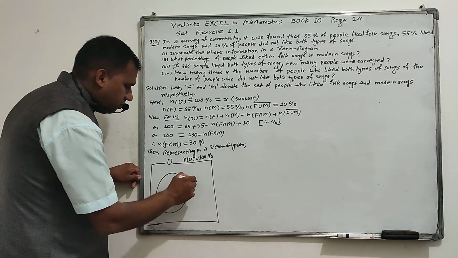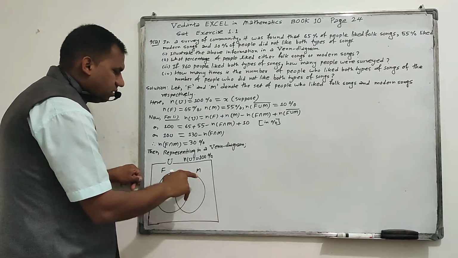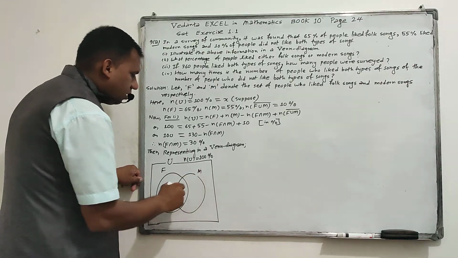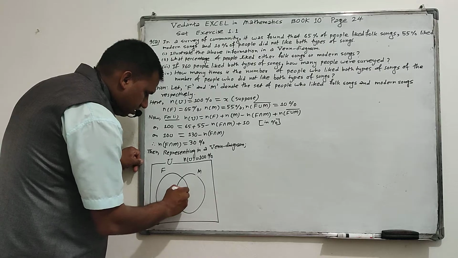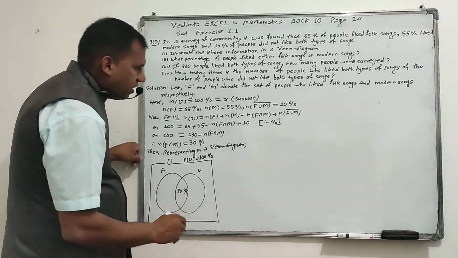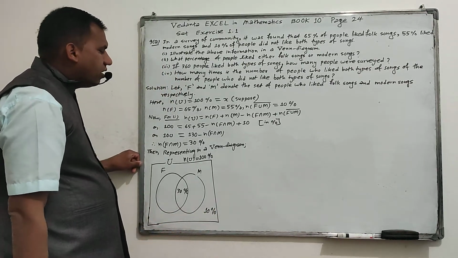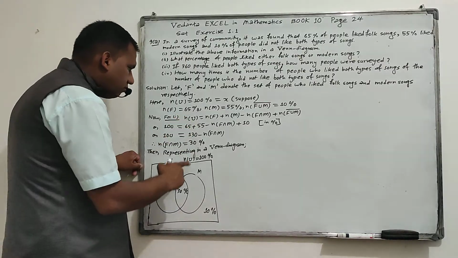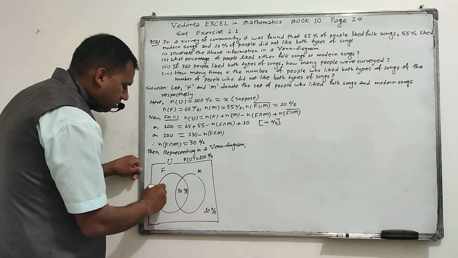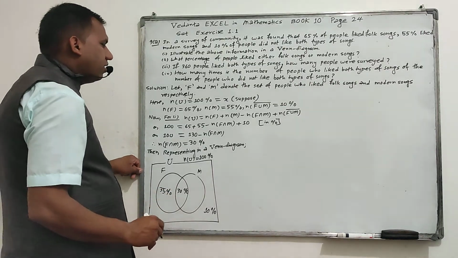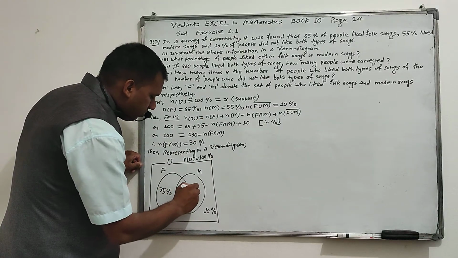Now two subsets are F and M. Intersection data is 30%, so here 30%. Complement data is 10%. Here is 10%. And only F, that is 65 minus 30, that is 35%. And only M is 55 minus 30, that is 25%.